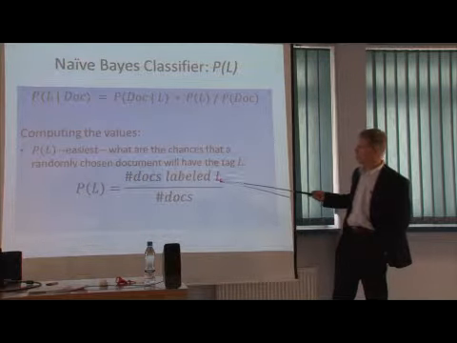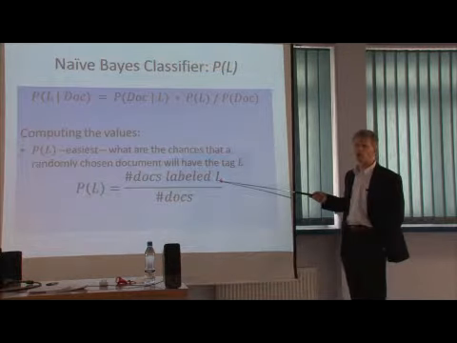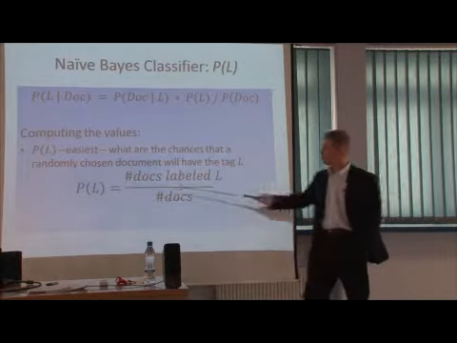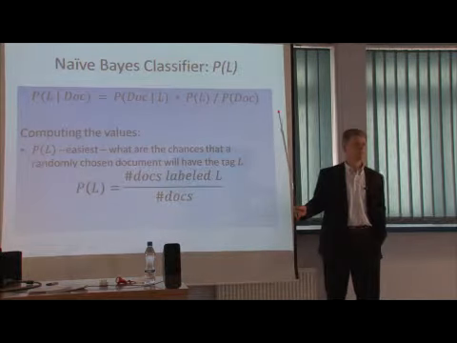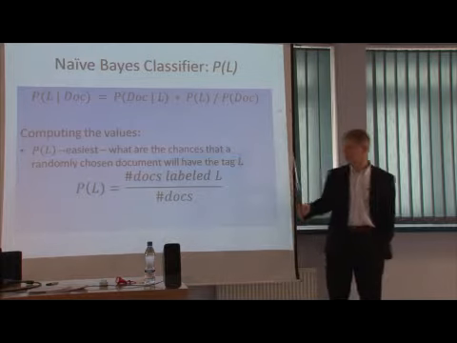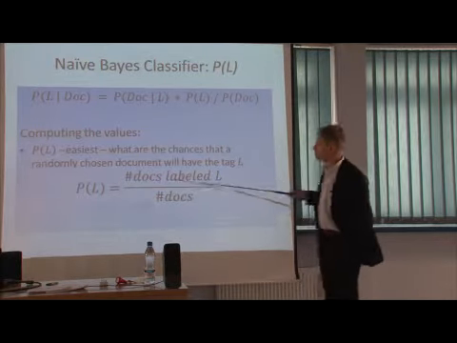So if we have 5,000 documents and 500 of them are labeled sport, what is the probability of sport as a label? 10%. Yes, exactly.